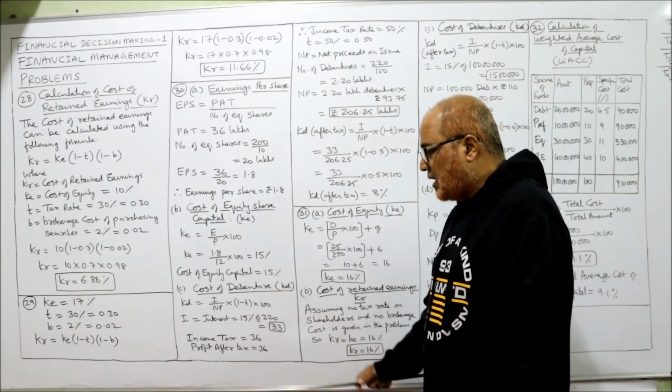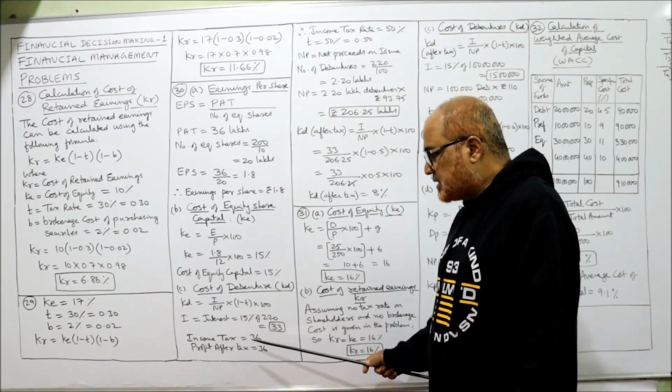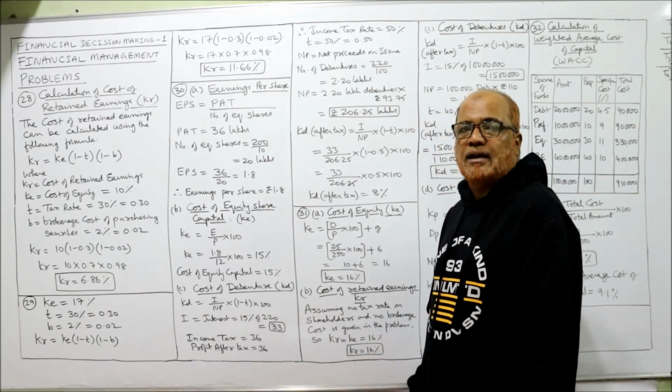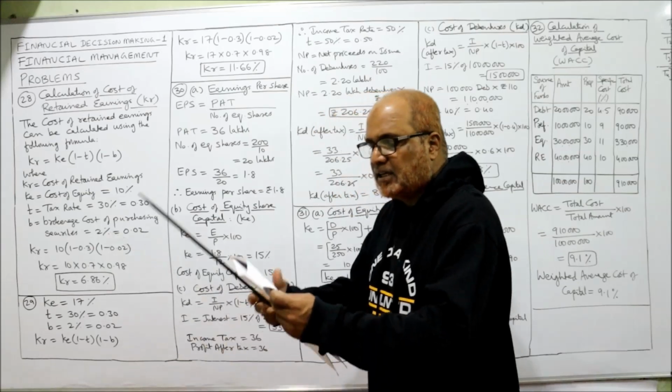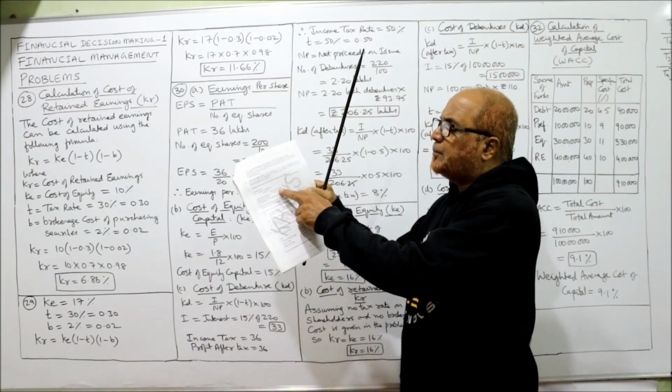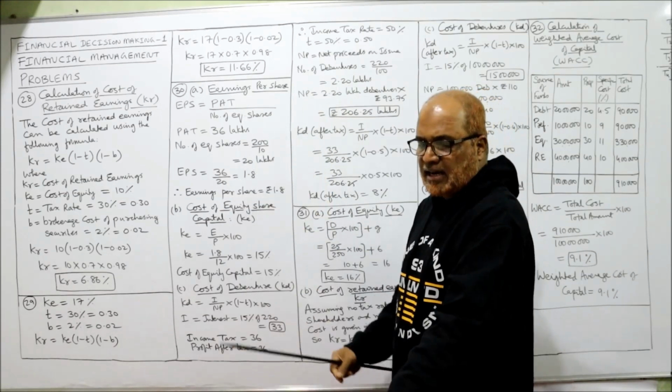That is the interest. Now income tax is given 36 lakh and profit after tax is 36 lakh. If you see the statement given in the problem, income tax is 36 lakh, net profit after tax is 36 lakh.